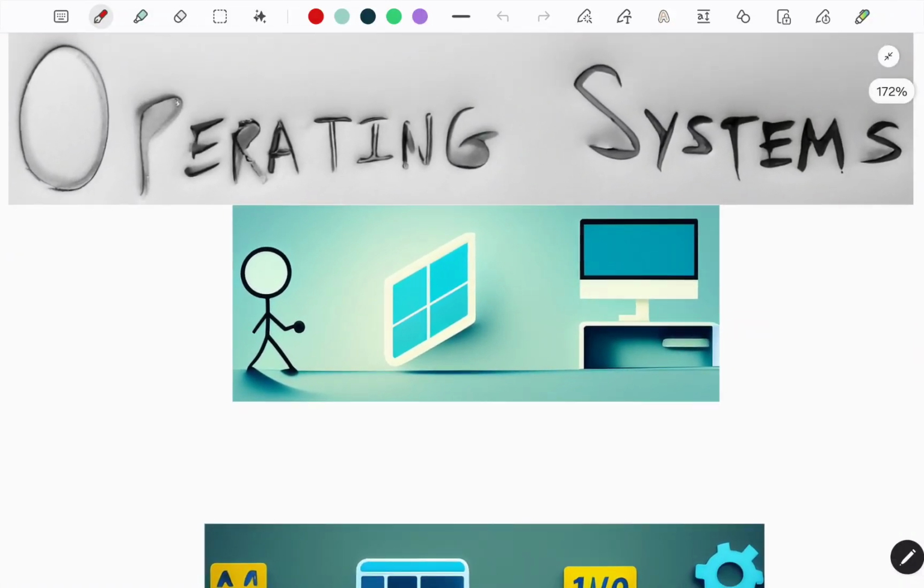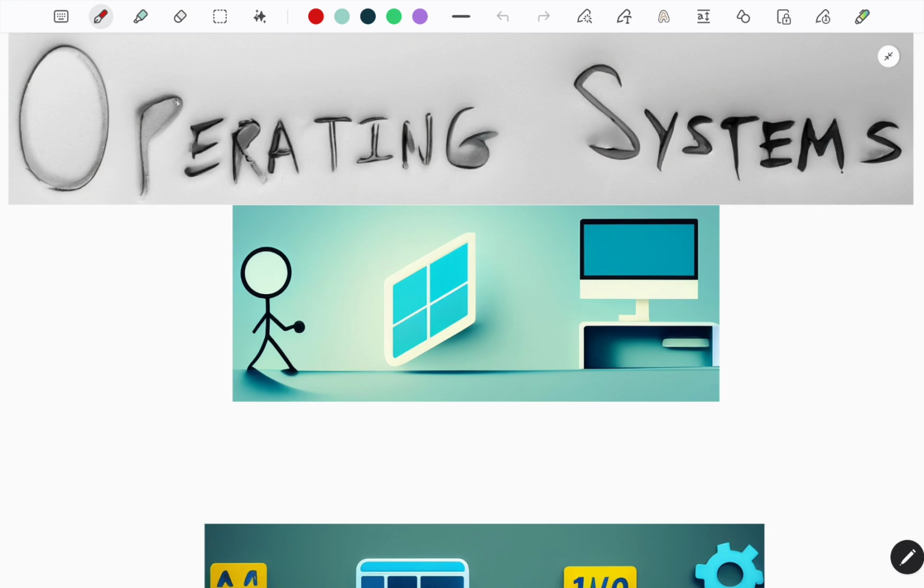So as I've told you just now, we are now coming into the chapter on operating system. We have discussed happily the hardware and the input and output devices.